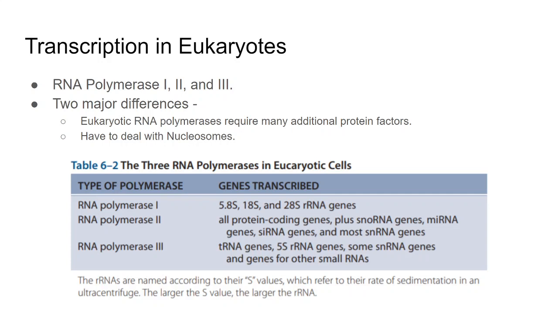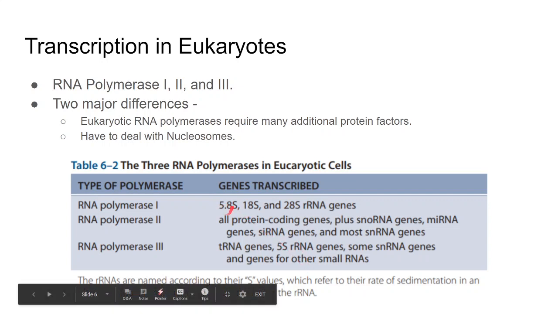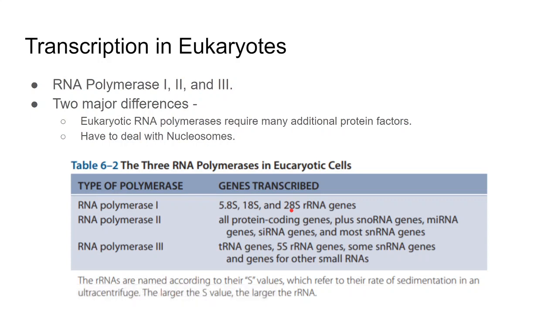So the larger the S value, the faster it sediments. The smaller S value indicates the smaller RNA. So 5.8S or 5S is the smallest and 28S is the largest, so it will sediment faster. And S is for Svedberg, the guy who coined this term.